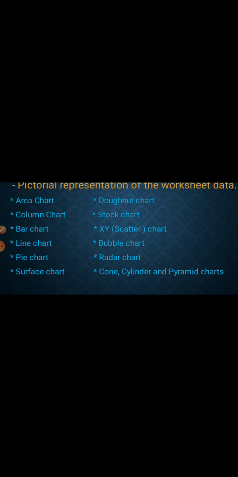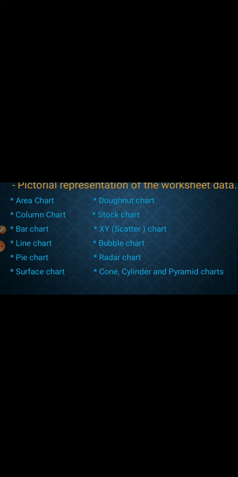A donut chart shows the relationship of parts in a whole, and a stock chart is actually a high, low, close chart. This is often used to illustrate stock prices. It can also be used for scientific data. For example, to indicate temperature changes, we can use a stock chart.